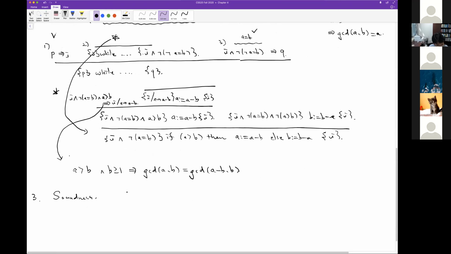What soundness means for proof rules is the following.